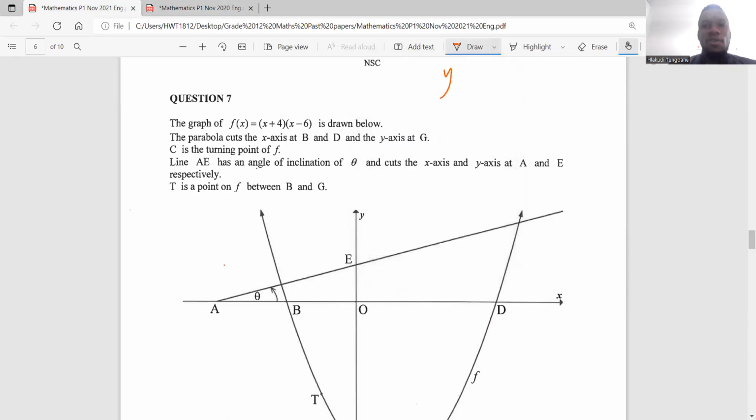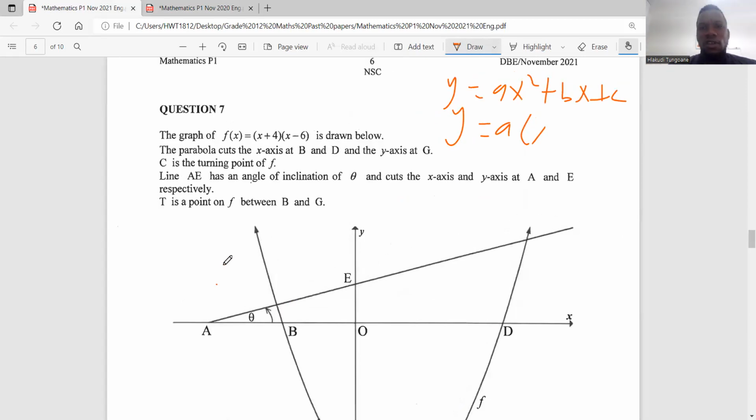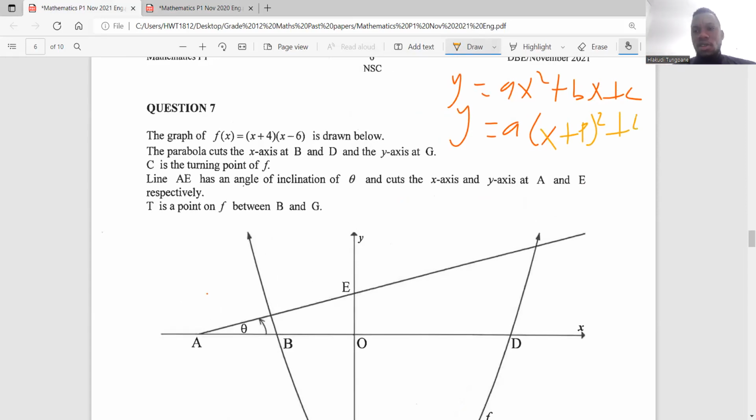Either you can get it in standard form, right? ax squared plus bx plus c, or you can get it as a(x plus p) squared plus q, which is what we just saw in November 2020. Or we can get it as y equals a(x minus x1)(x minus x2).